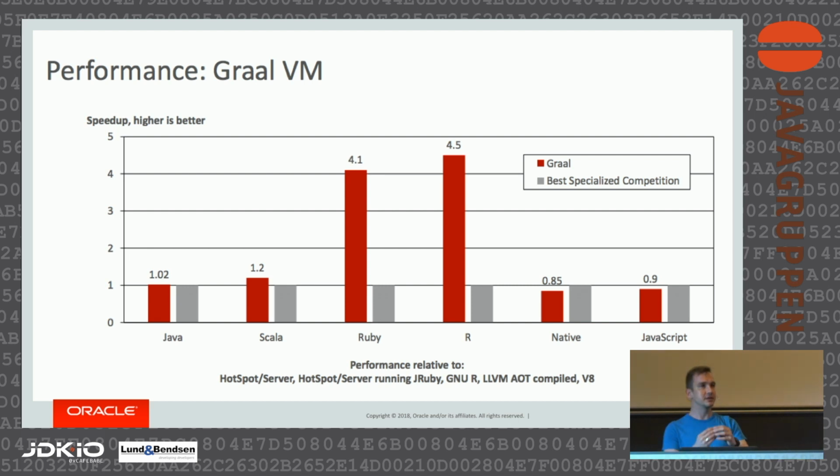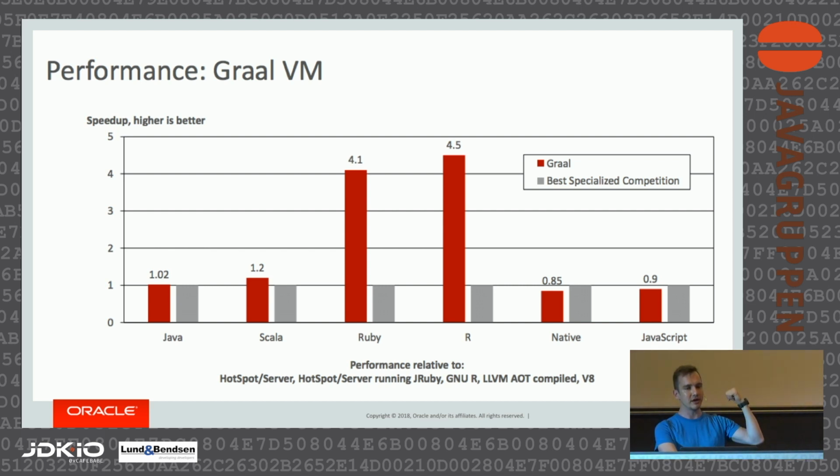You can see that we are mostly on par with the best specialized competition for all the languages. It is a goal for us to have the fastest, the most high-performance virtual machine for all languages. So we should beat the competition, and we will get there, hopefully, sooner rather than later. But most probably we'll get there.